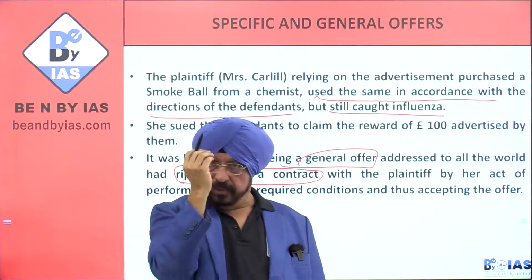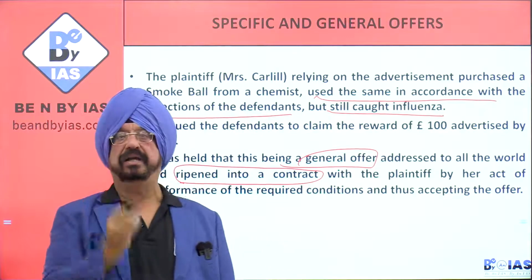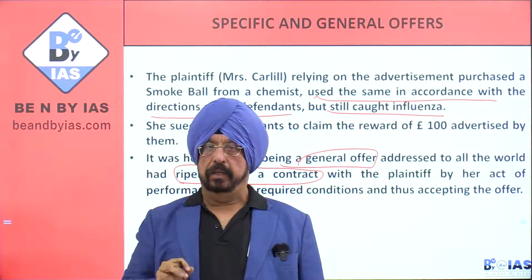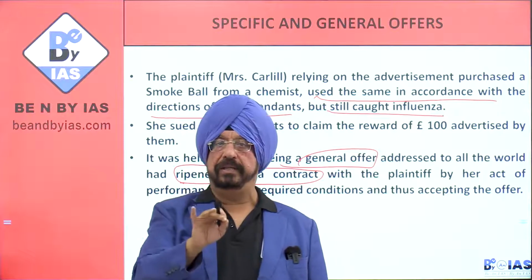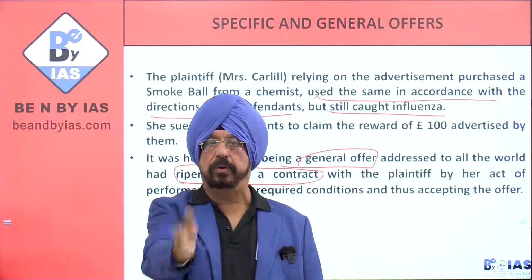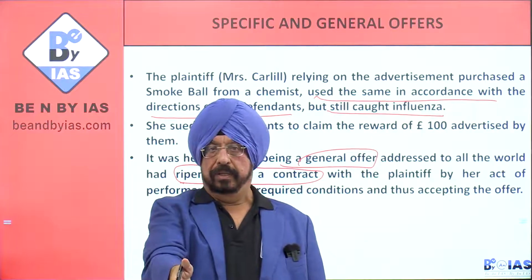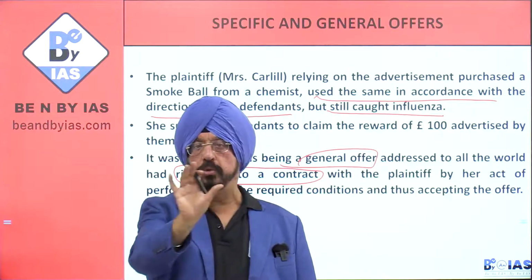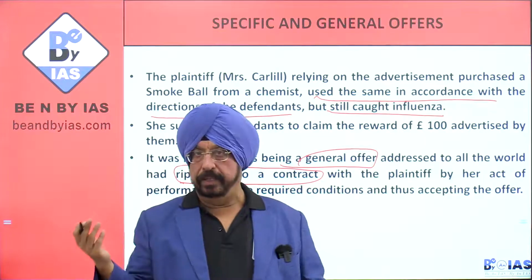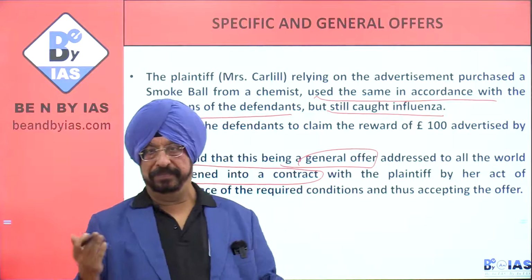But just keep in your mind that the legal relationship which we talked about yesterday comes into being when there is an offer and there is an acceptance which becomes a promise. The moment 2A and 2B are complete, you get a legal relationship.